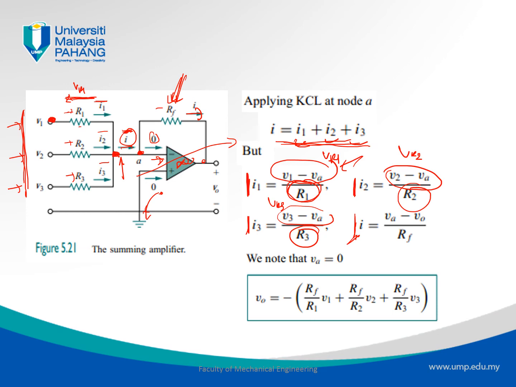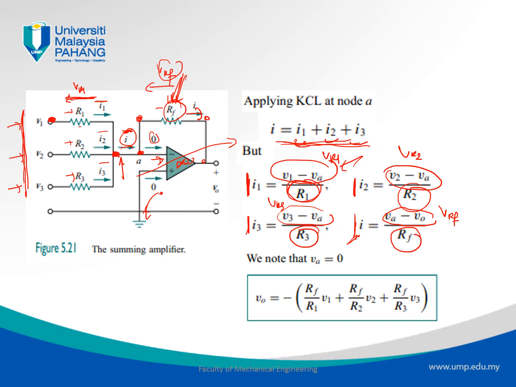So I, what is I? I is basically VRF divided by RF. So here is what represents VRF, and here is RF. What is VRF? VRF is the potential difference between this point and this point.